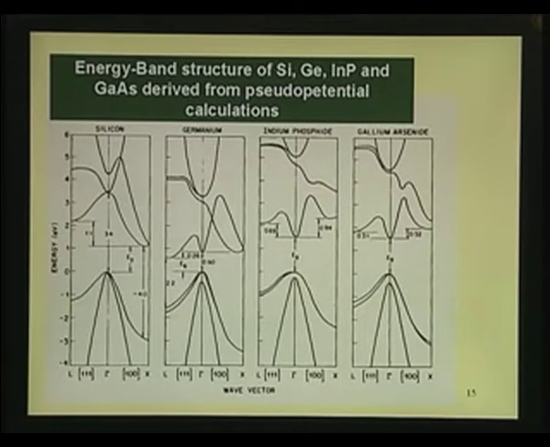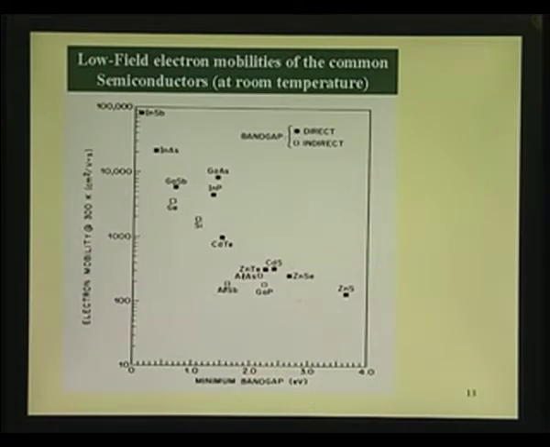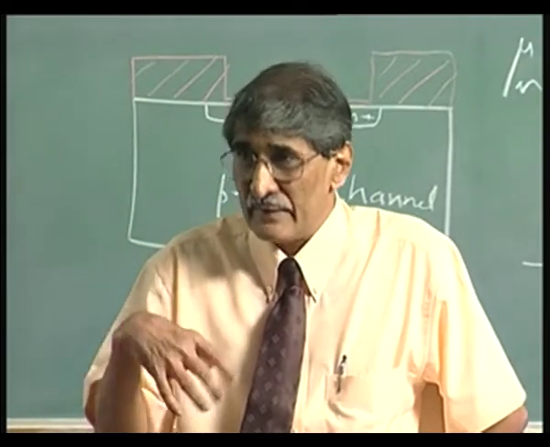This is just a diagram which looks a bit complicated. If you go back to these curves, you will see some of these are put with filled squares, squares which are dark, and some others, silicon, germanium and aluminum antimonide, gallium phosphide, etc., are made with open squares. This is a specific thing about the material.